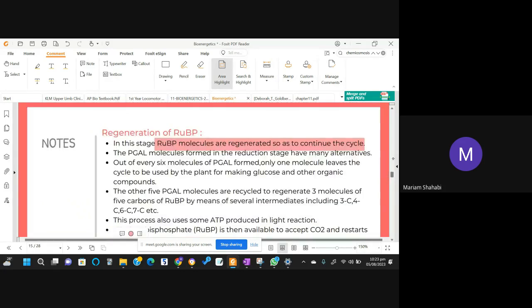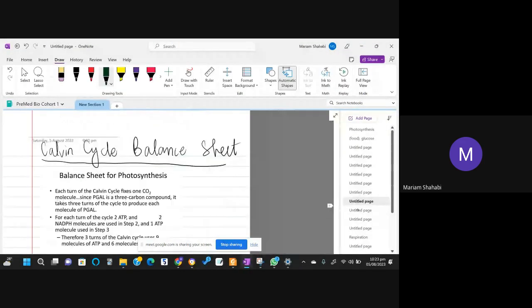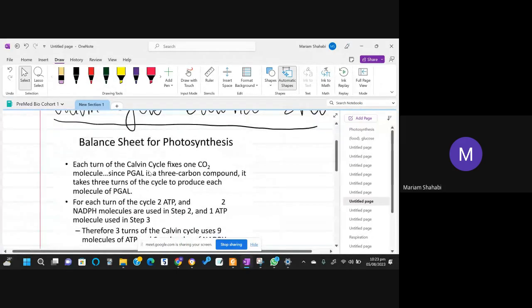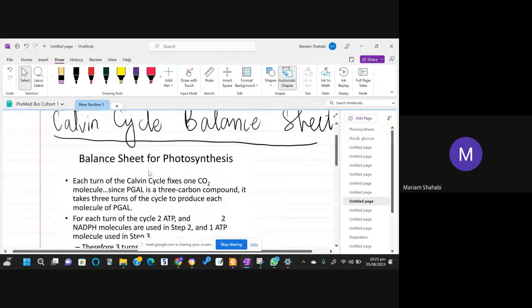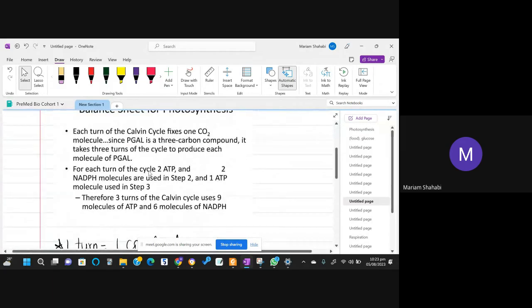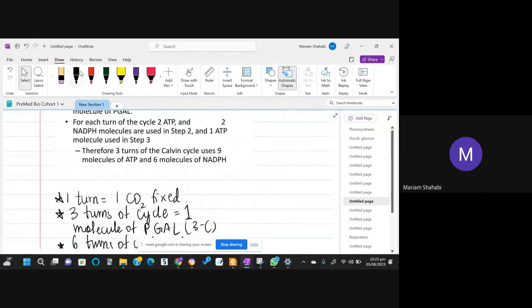Now a very important thing to remember is the number of molecules. You need to keep track of the number of molecules of each compound. So you should know that with each turn of the Calvin cycle, it's a cycle, right? So it's going to run a certain number of times. It will run once, then a second time.